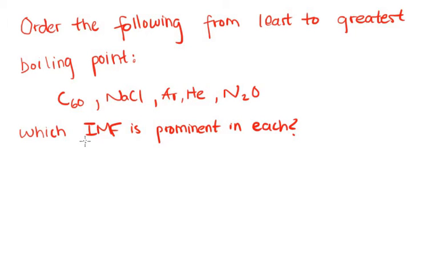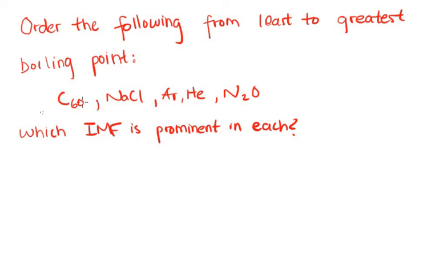The way I like to start these problems is to first sort them by polarity, so nonpolar and polar. And usually nonpolar molecules have lower intermolecular forces and usually have a lower boiling point. So let's start by looking at polarity.